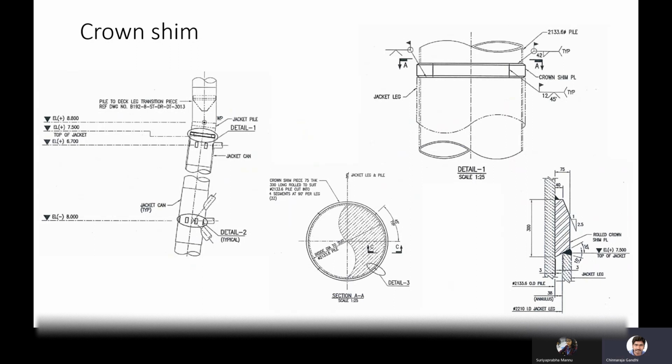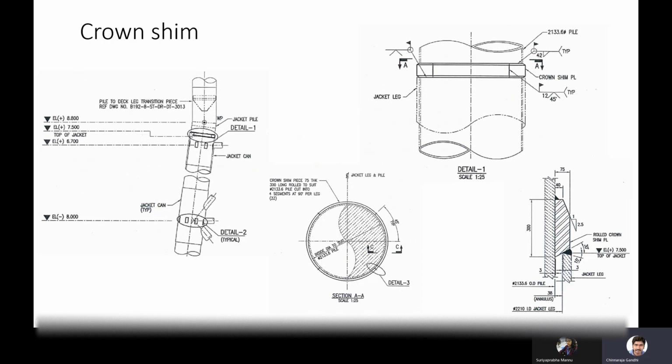Okay. The next one is the crown shim. As you know, the crown shim is the physical connection, we can call it a positive connection, between the jacket and the pile. We know that there will be an annulus between the pile and the jacket.